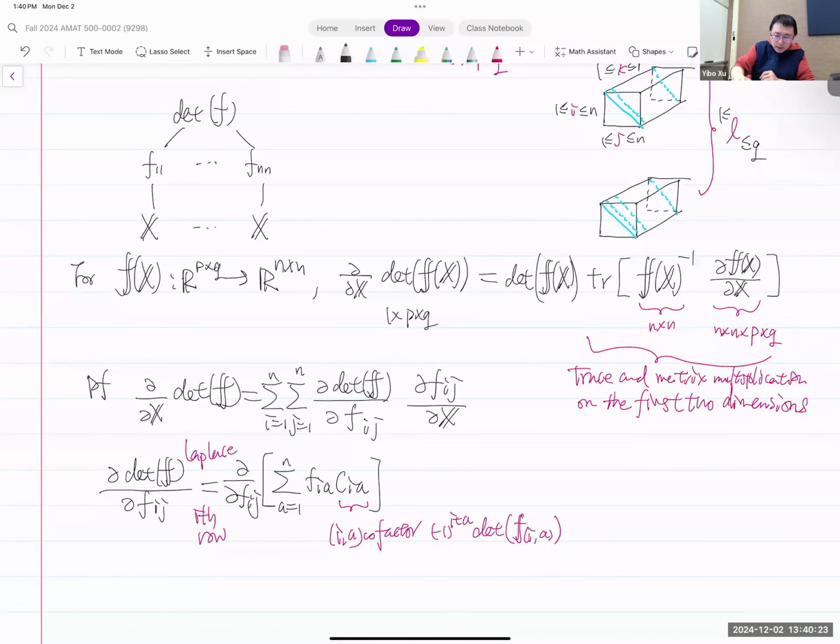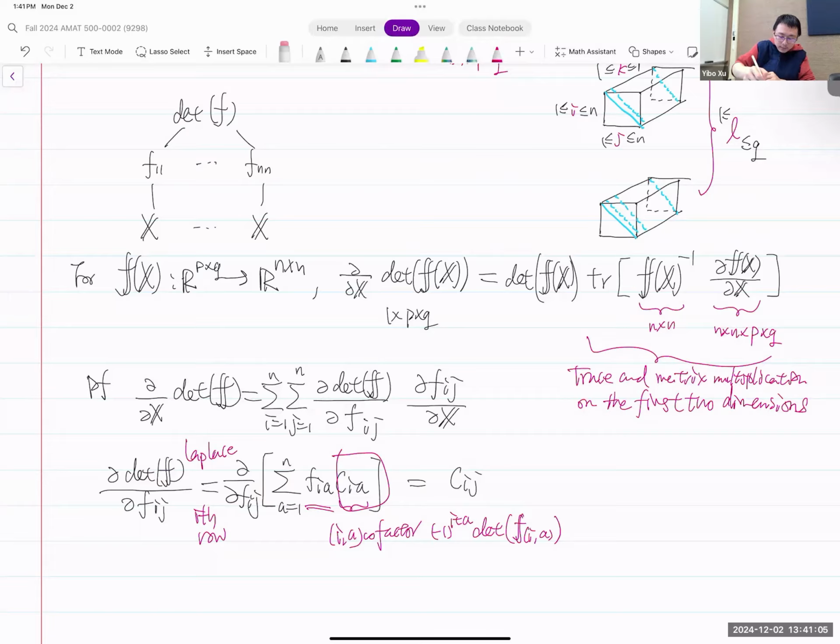And of course, for the ith row, ath column element, it will give you a 0 as a partial when a is not j. So this only equals C_ij when a equals j, which gives you a 1 for the partial of F. Basically, in the summation these things do not change because only Fij is changing. Everything else is fixed.